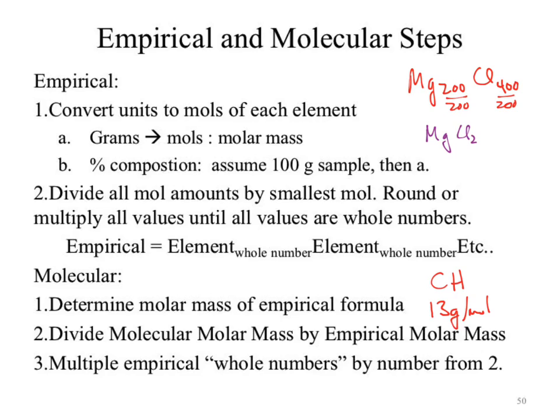What I will then do is take the molecular molar mass, so the molar mass of whatever the molecule was. So I could look up the molar mass of benzene. The molar mass of benzene happens to be 72 grams per mole, assuming I didn't screw up the math there. No, that's just the carbon by itself.